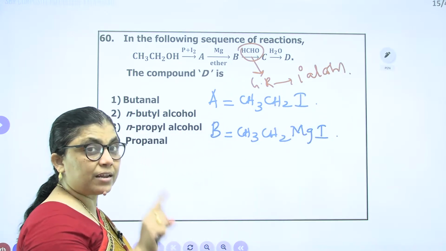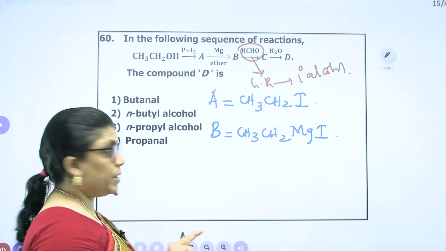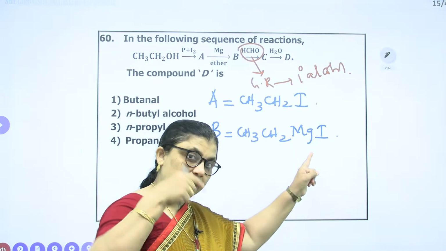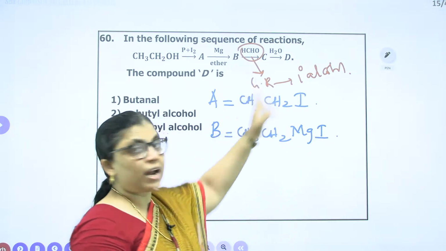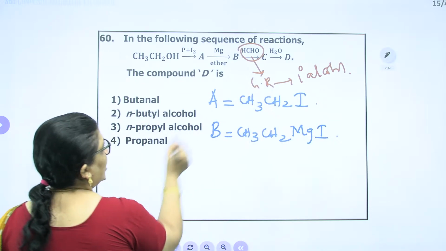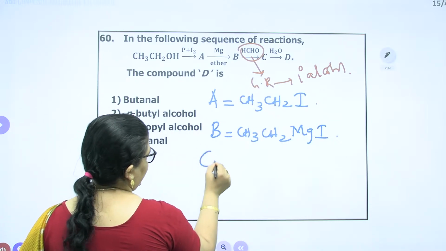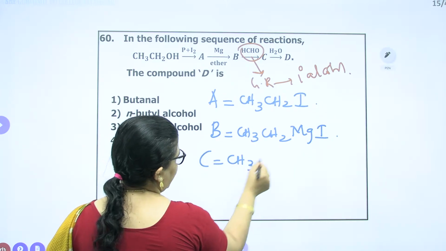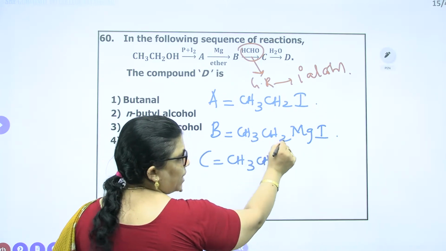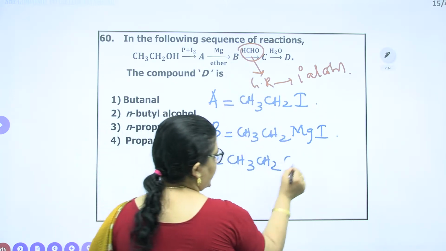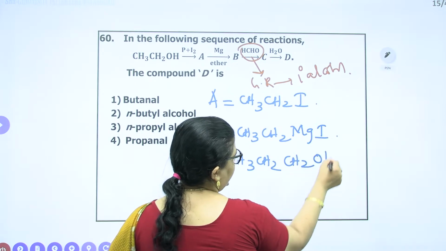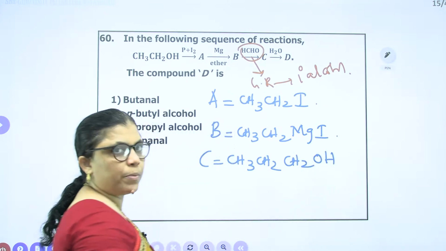Whatever the number of carbon atoms in the Grignard reagent, you have to add one more carbon atom. That's why here I take 2 carbon atoms from this and 1 carbon atom from formaldehyde to get the alcohol. What is it?